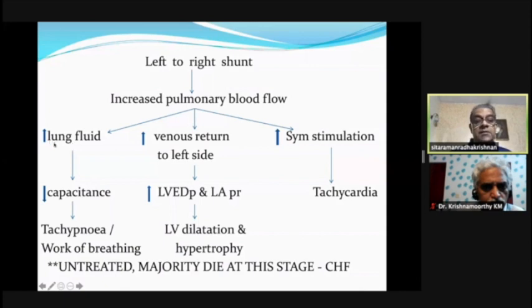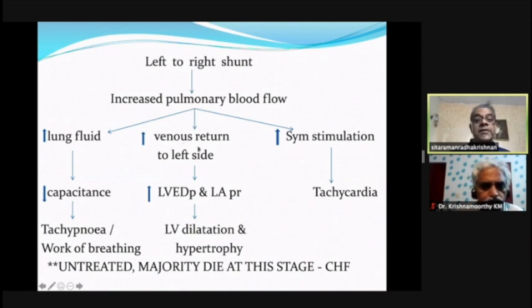One is there will be increased fluid in the lungs, decreased lung compliance, as a result of which you will notice that the baby is tachypneic, has increased work of breathing, and subsequently all the consequences of poor feeding, inability to gain weight, and all these sequelae occur because of this.